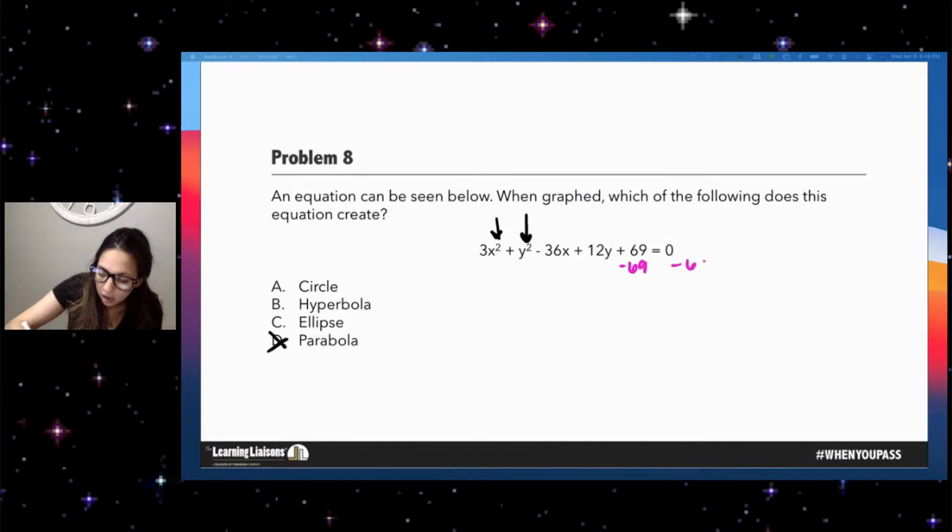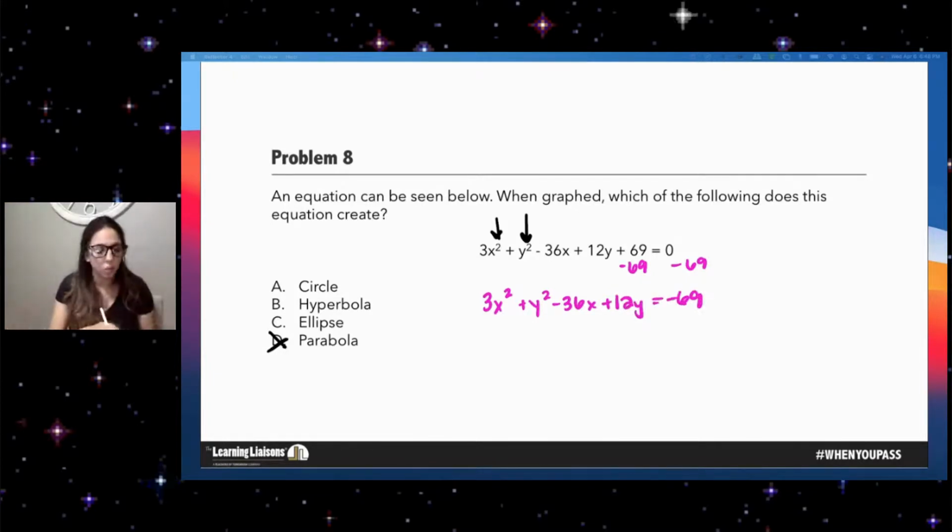So I get 3x squared plus y squared minus 36x plus 12y equals negative 69. My first step was to just get that constant to the other side. Now I need to get my x terms together and my y terms together.